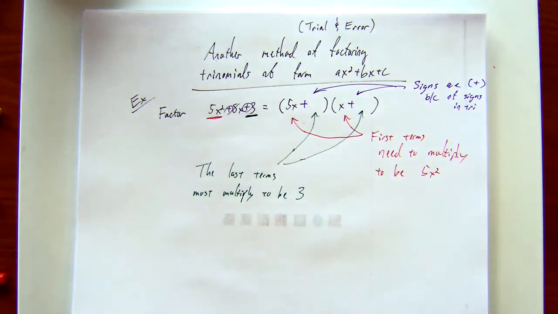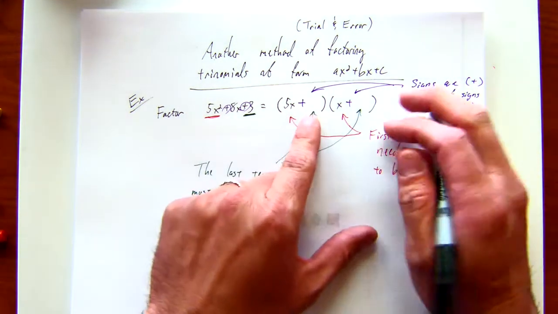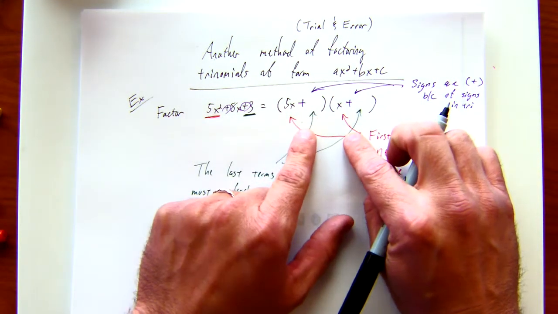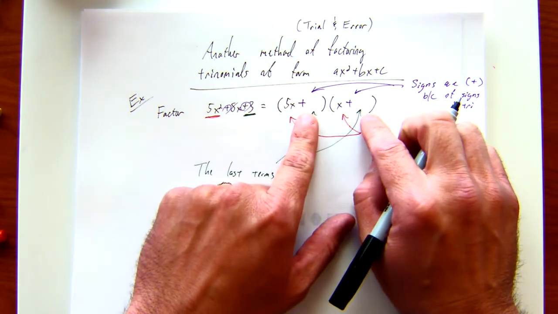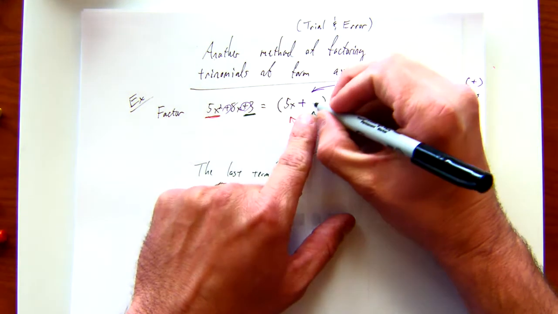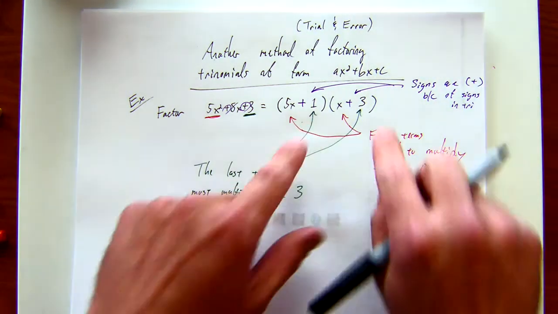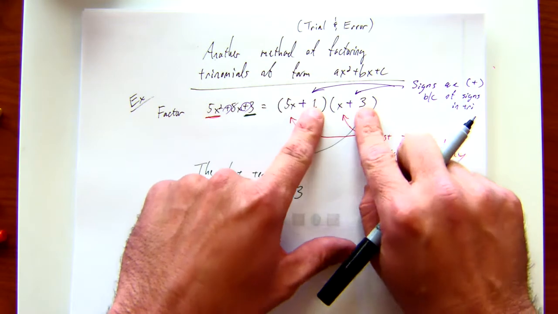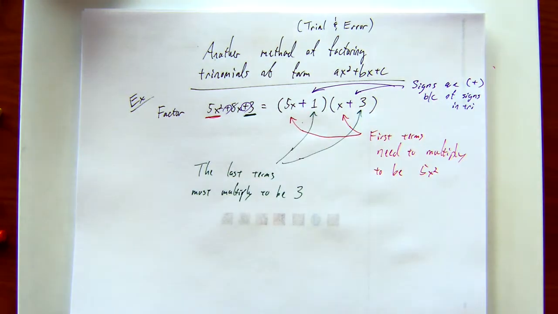So what are the options that can multiply to be 3? 1 and 3. So here, this is where the trial and error method comes in. You don't know which one's going to be 1 or which one's going to be 3. So you just pick one. Suppose we stick the 1 here and the 3 here. We just arbitrarily choose, let's try 1 and 3. This is the trial part.